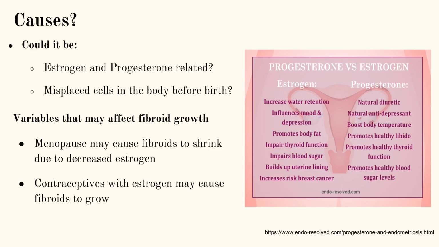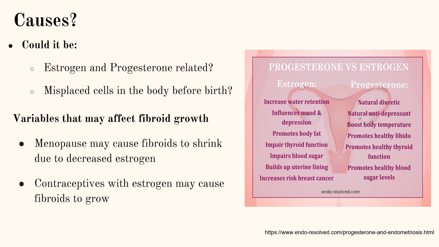So, what causes uterine fibroids? Could it be estrogen and progesterone related? Could it be misplaced cells in the body before birth? No one knows for sure. Some research suggests that these things were formed before females were born, but no one knows for sure. These are all theories. So when a woman reaches menopause, those fibroids actually can shrink due to a decreased level of estrogen.